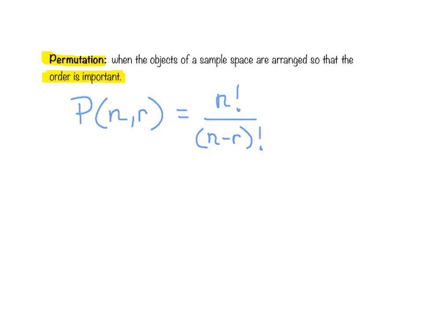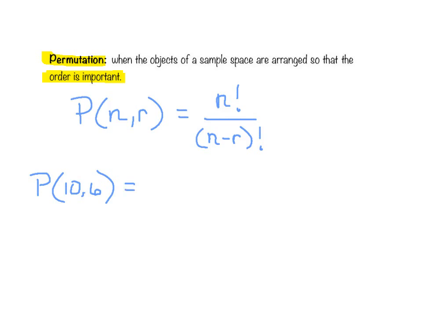So suppose we want to find the permutation of 10 items taken 6 at a time. Okay, so 10 is n and 6 is r. So here's what you would do.